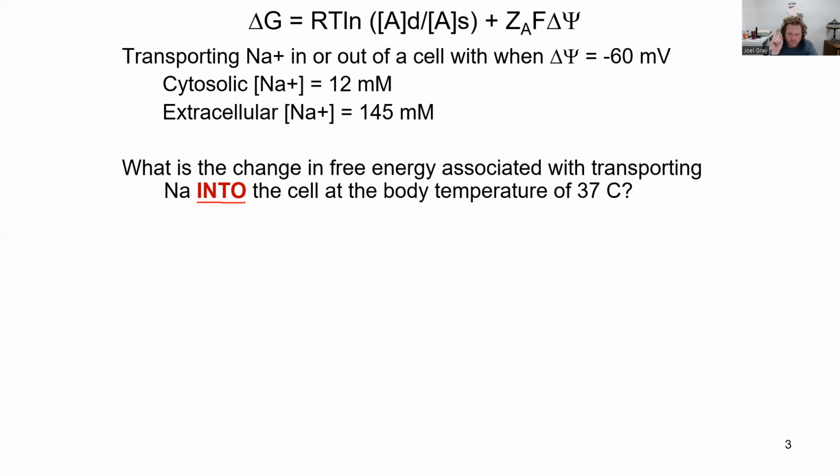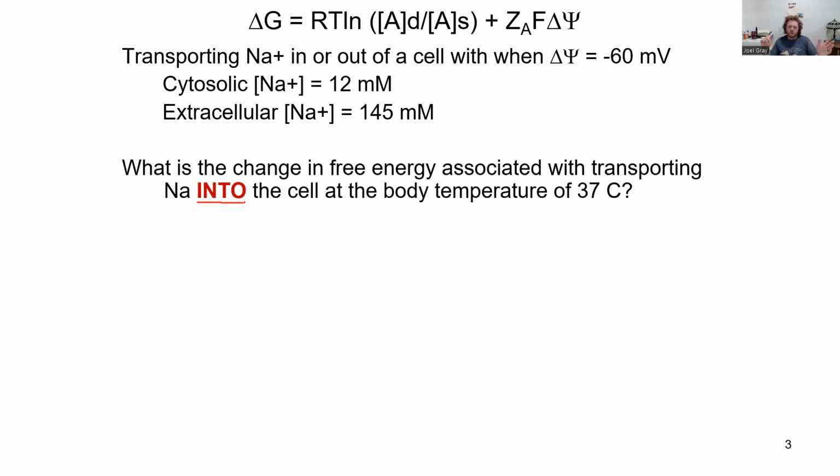The extracellular concentration is 145 millimolar, a very high concentration compared to the cytosolic concentration of 12 millimolar. So if we're moving from the outside in, we're going from high concentration to low concentration.